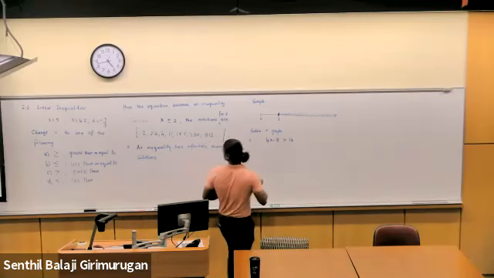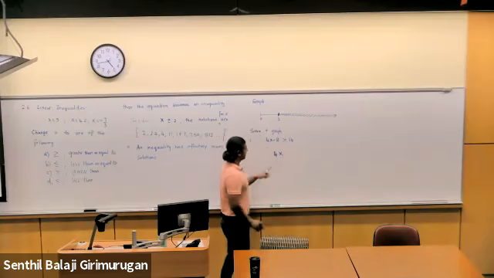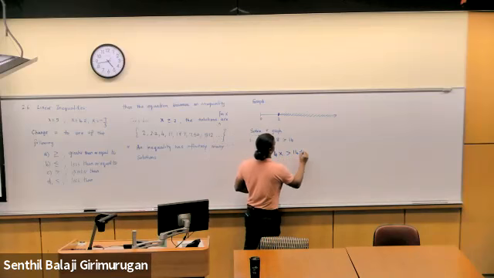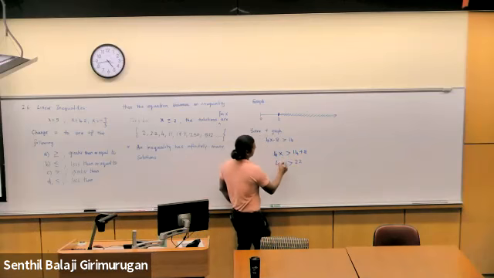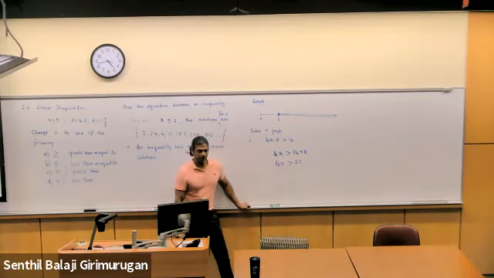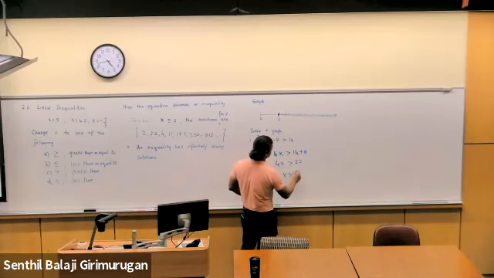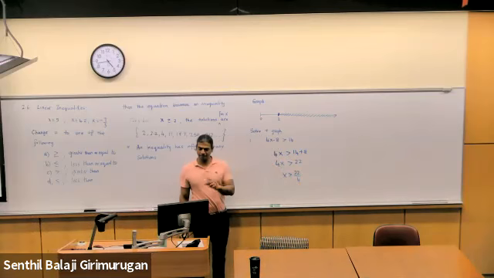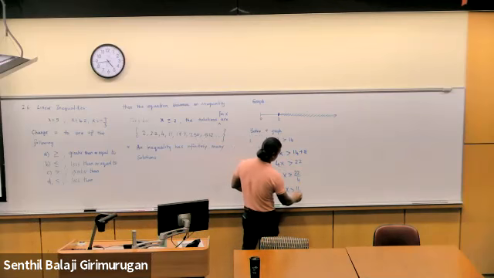Move the number to the other side: -8 moves to the other side, it becomes +8. 14 plus 8 is 22. 4x is greater than 22. We have to divide by 4 on both sides. x is greater than 22 over 4. 22 over 4 can be simplified further, so x is greater than 11 over 2.